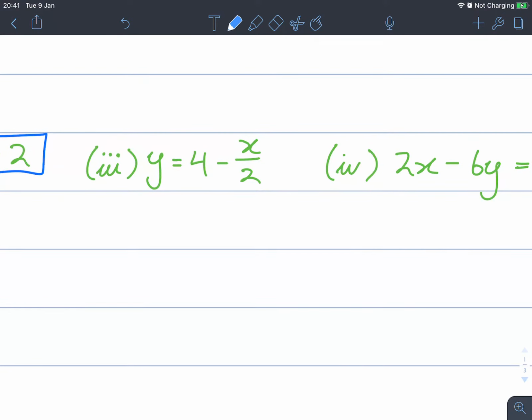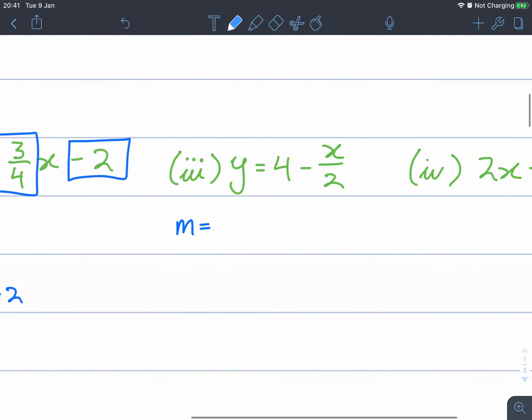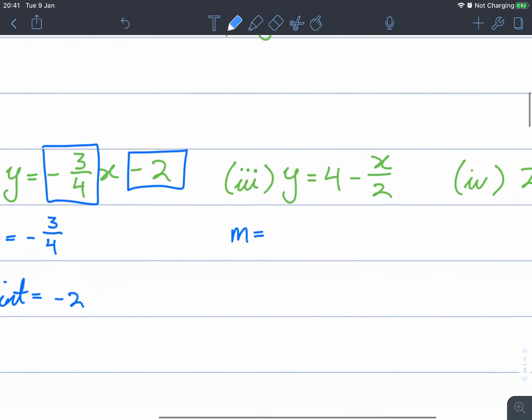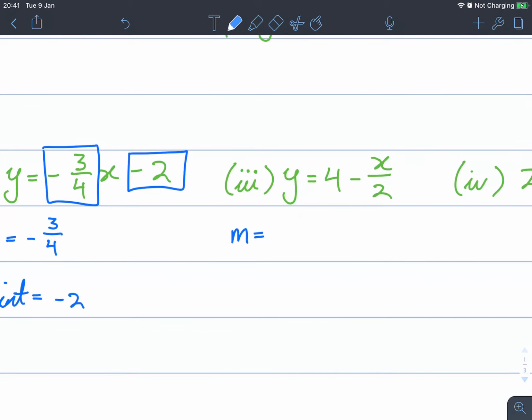I want you to give this one a go for a moment. What is the gradient and what is the y-intercept? Take a look now. Do not get confused, because m is not this. The gradient m is always the coefficient, the number in front of x. This is put here deliberately because sometimes fractions may be written like this.